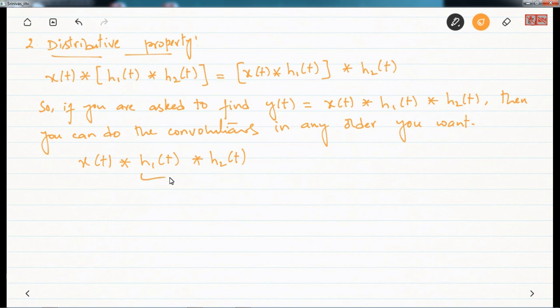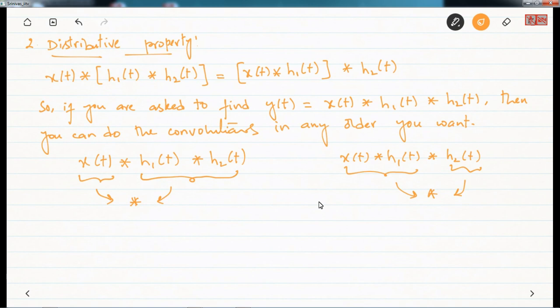Then you can first convolve two of them and then convolve this result with the third. You can first obtain the convolution of h1 of t and h2 of t and then convolve this with x of t. It doesn't matter, both will give you the same result, right?